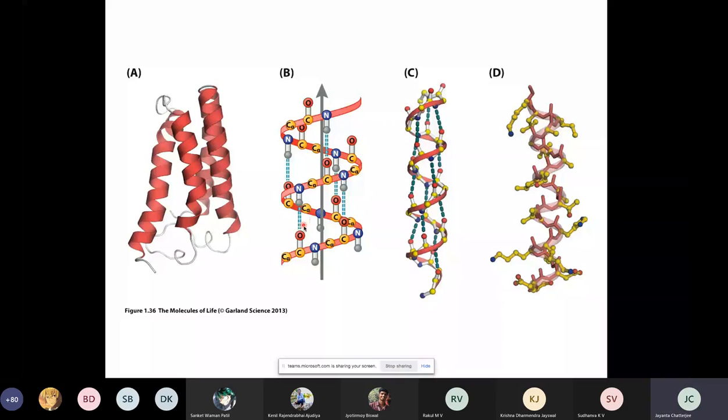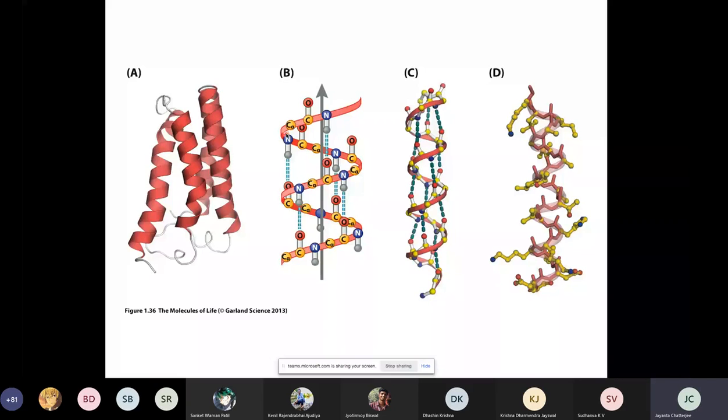Now the other thing about alpha helices is, if you look at a single turn of an alpha helix, say you go from this C alpha, or a specific point, directly onto this side. This is called the pitch of a helix, a single turn.